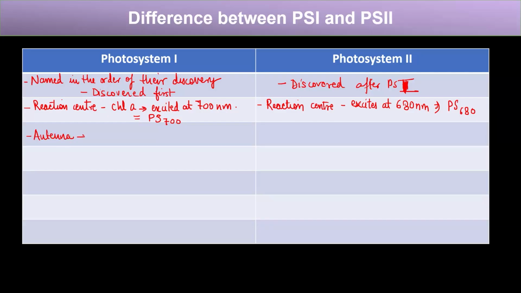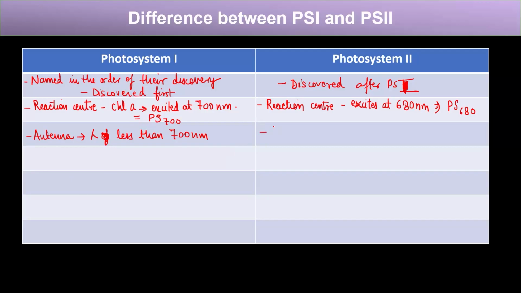The antenna in photosystem 1 will have wavelengths of light less than 700 nm, because only then can they transfer their energy to the reaction center, right? Because the reaction center has the highest wavelength. And because of this, the antenna will have wavelength less than 700 nm.